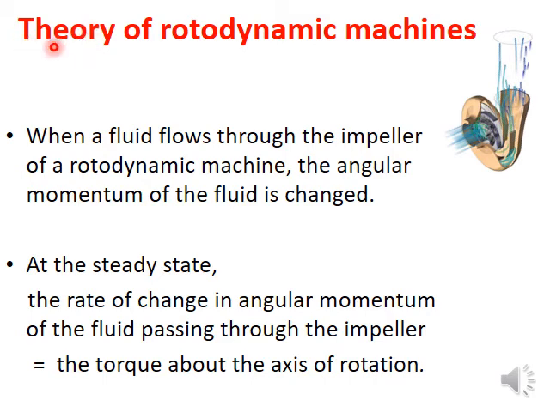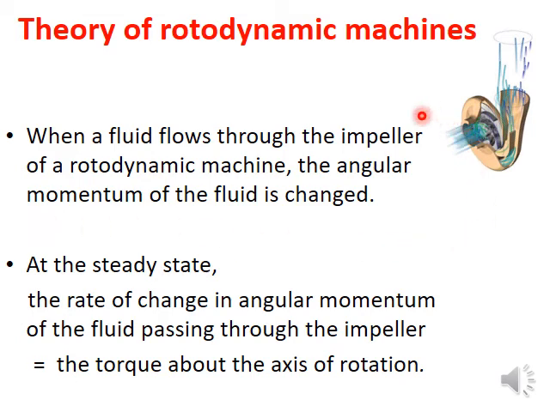Okay, theory of rotodynamic machines. Now you have learned the flow pattern inside different rotodynamic machines. The rotodynamic machine may be a pump or a turbine, may be radial flow type, axial flow type, or mixed flow type.